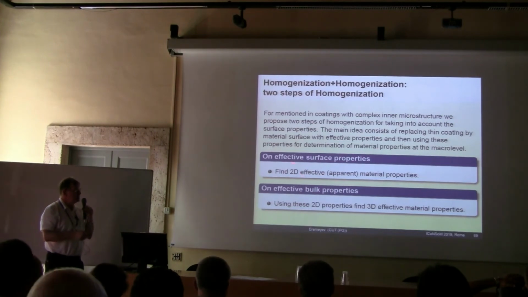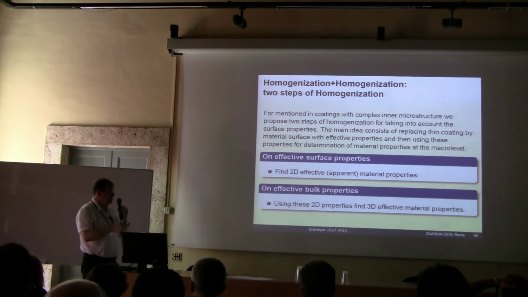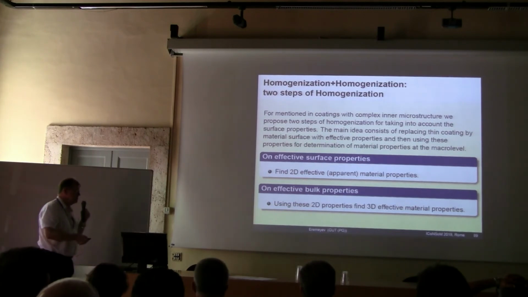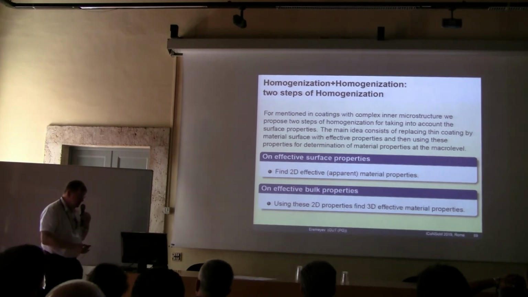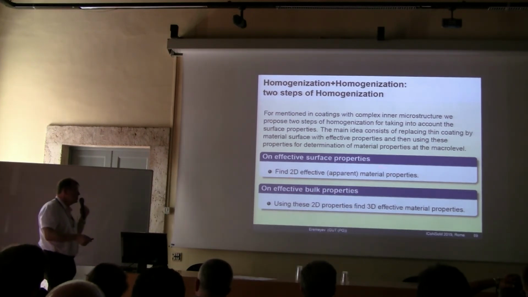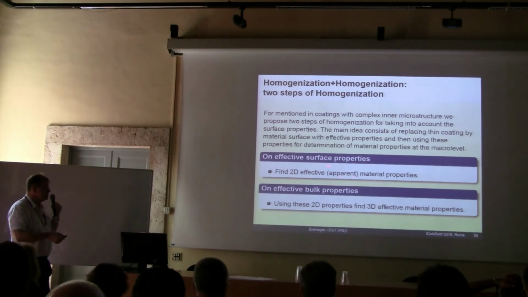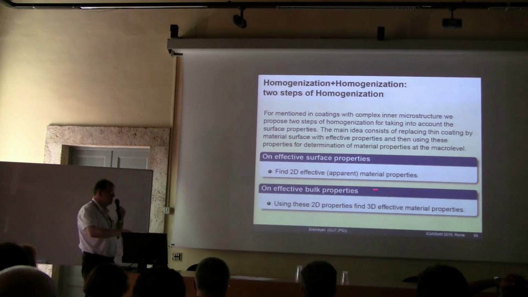We can consider 2D effective or apparent material properties using some asymptotic techniques, like Professor Gangoffer discovered for lattices, for beam lattices, or some more naive approaches, and then use these 2D properties to find 3D effective properties.